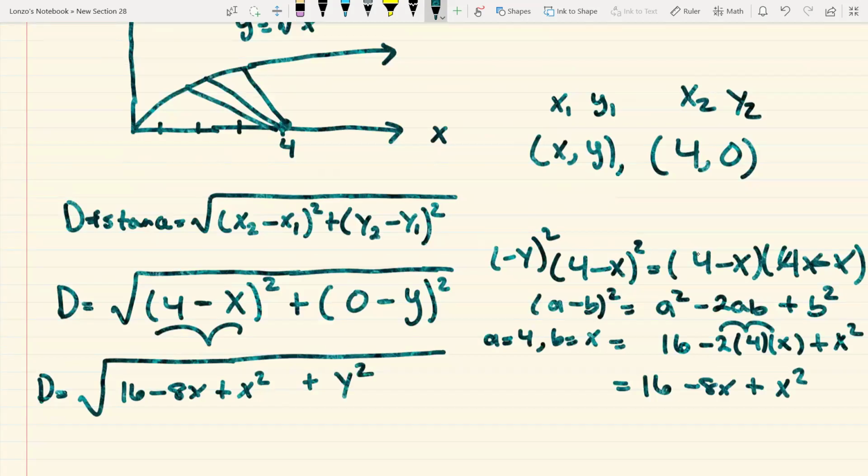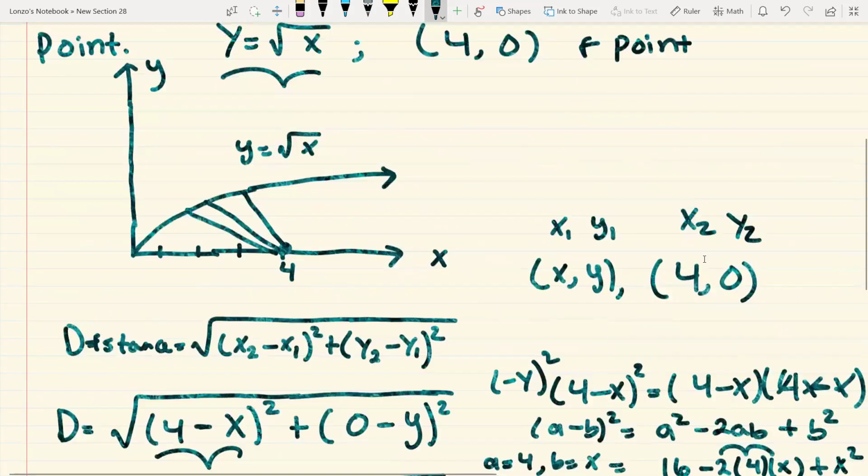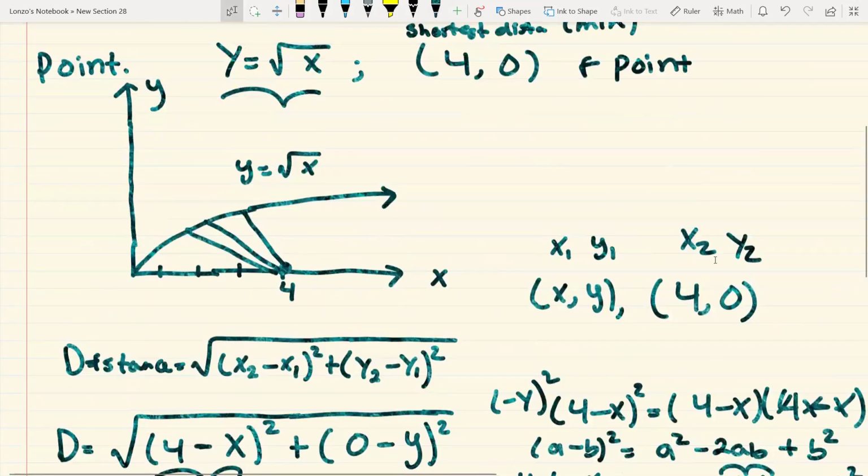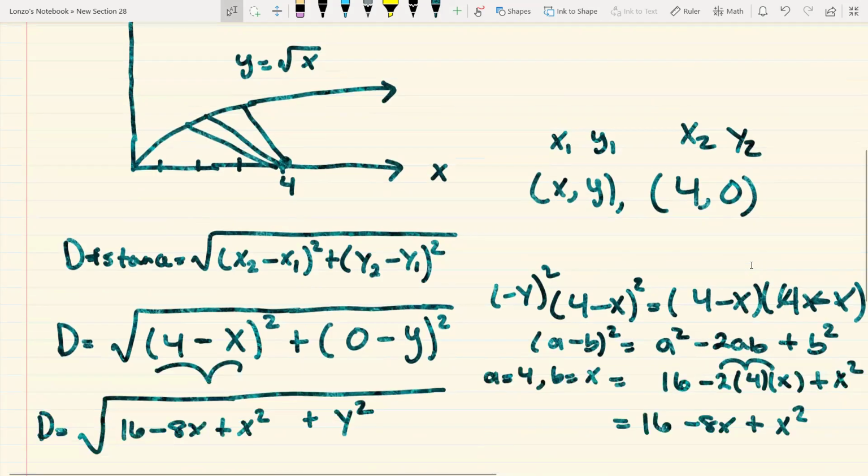Okay. So this is the simplified version. So I drew my image and now I got to find my two equations.